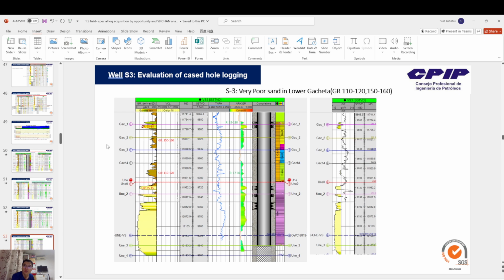S3, in the Gogeta 2, gamma ray around 150 to 160, very poor sand. Gogeta 4, gamma ray 110 to 120. This number is high.